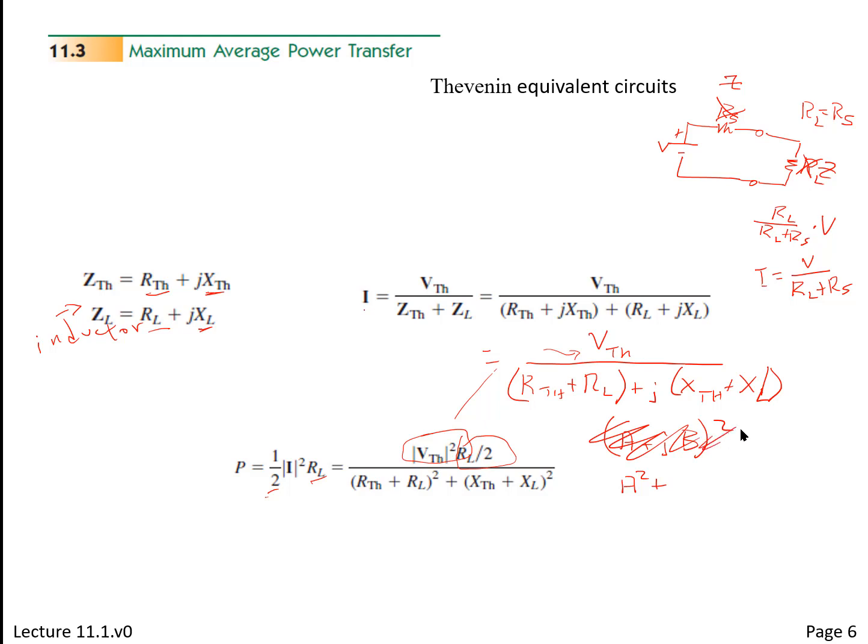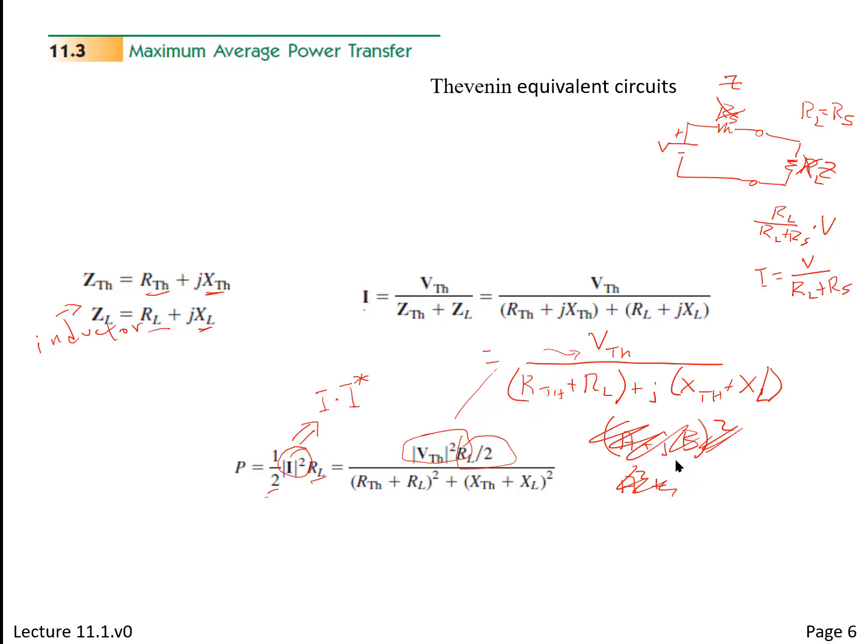This isn't right. If you have complex numbers, this actually becomes current times current conjugate. That's my bad. I should not have just taken it as a straight square.